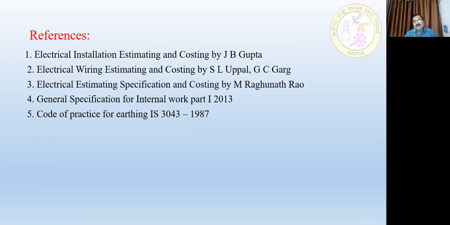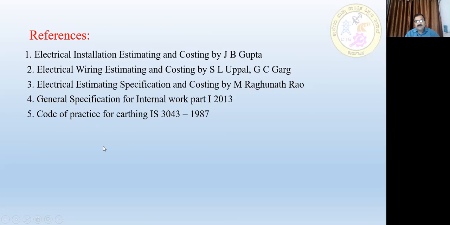So these are the reference books. Electrical Installation, Estimating and Costing by J.B. Gupta. Wiring Estimating and Costing by S.L. Gupta, G.C. Garg. Electrical Estimating, Specification and Costing by M. Raghunath Rao. General Specification for Internal Work Part I-2013.